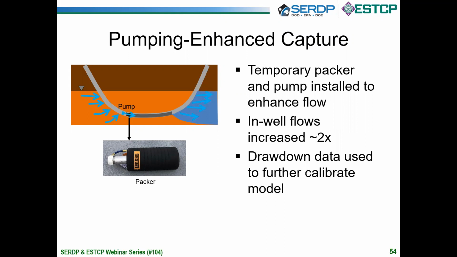And we performed a conceptual test at this site where we increased well flows by about 2 times and saw, of course, hydraulic response in the aquifer. We saw enhanced drawdown near the uphill screen and drawup, or mounding, in the downhill screen.